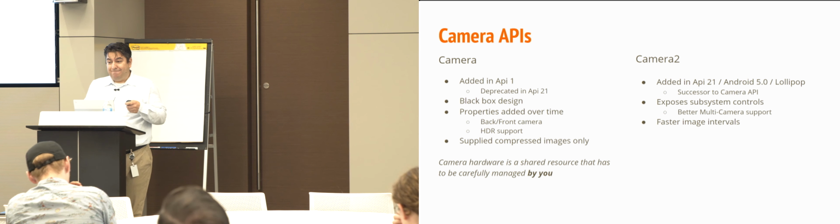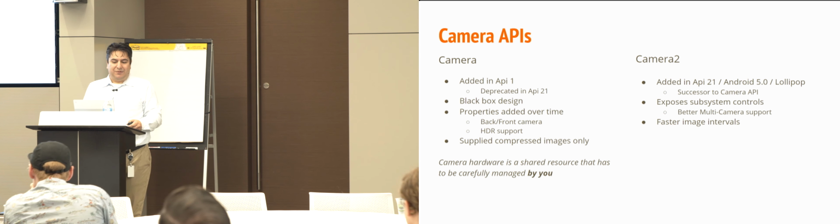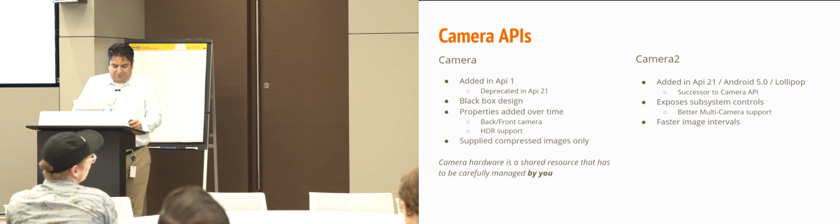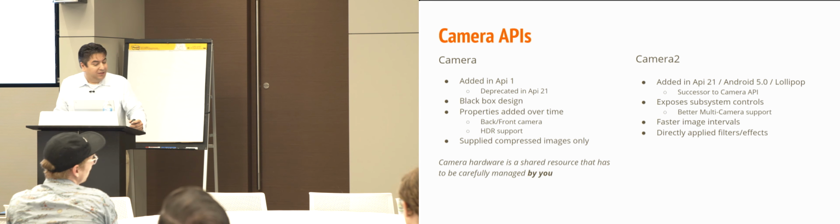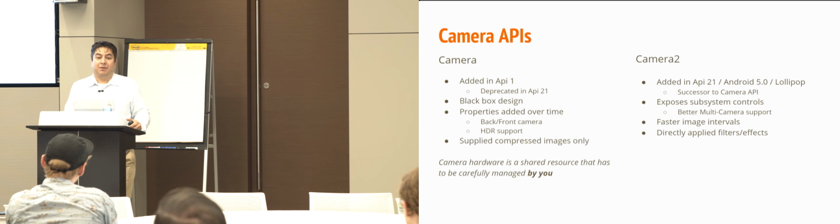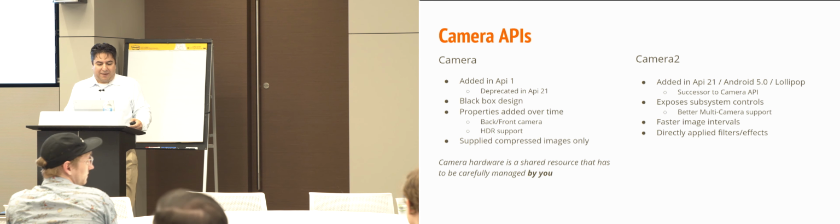You also got better image intervals because it was running through the system. You could directly apply your filters and effects as the images were coming through as well. So you could take and analyze images on the stream as it was capturing them.